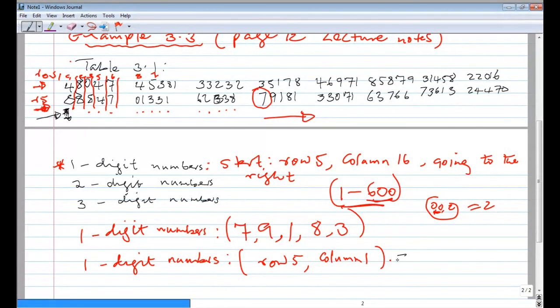It's 5, sir. Come again. The first value is what? It's 5. Not 8. Which one is row 1? Yeah, sorry, you wrote row 5. Column 1 is what? It's 5.